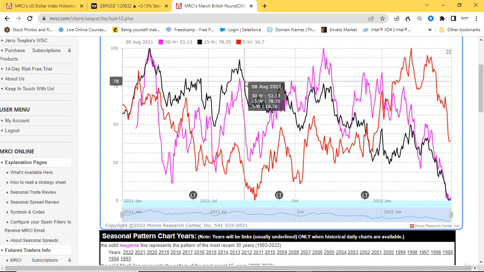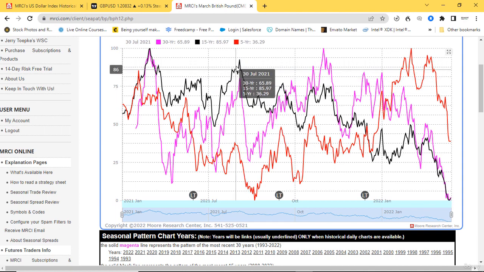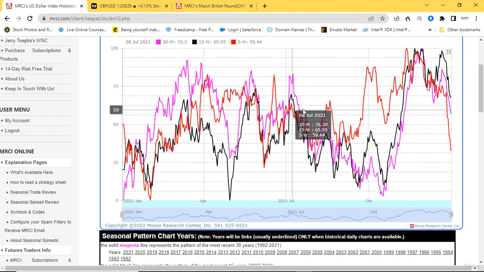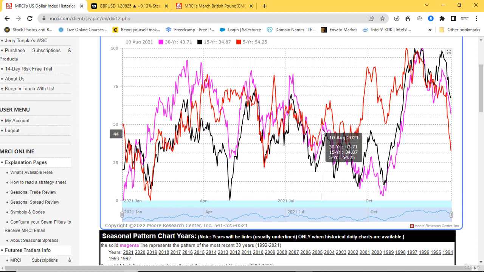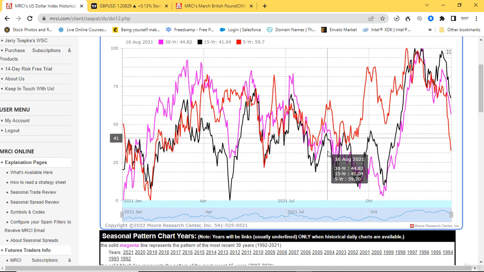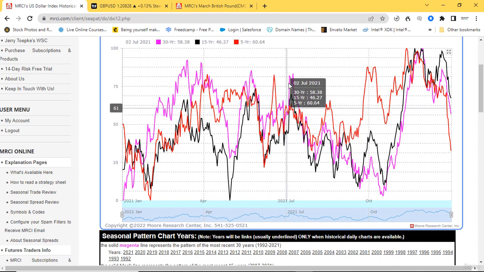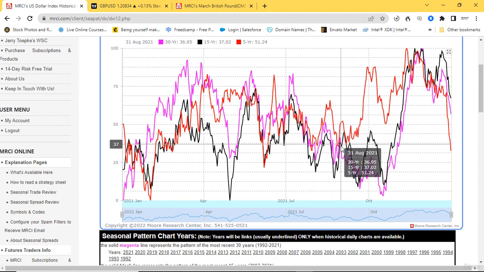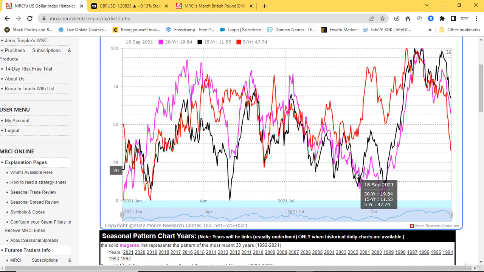So looking to sell off. The British Pound is looking to sell off in August, and the US dollar is in a short-term buy for August, a short-term rise. So it falls and rises, and then for the month of August, you're looking at a possible decline.